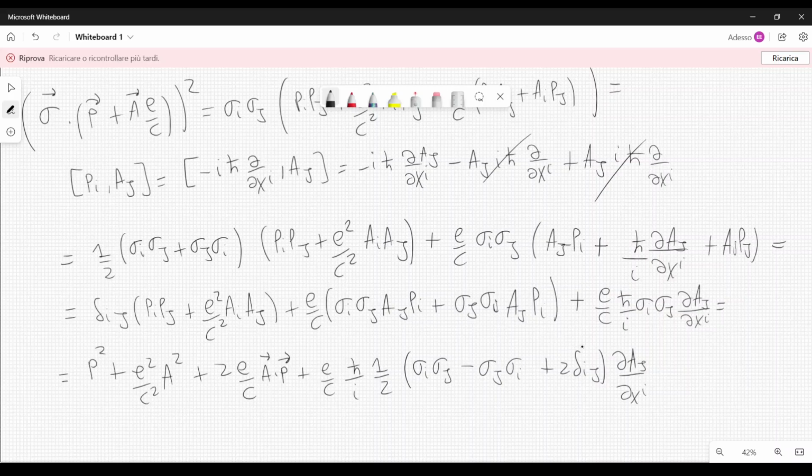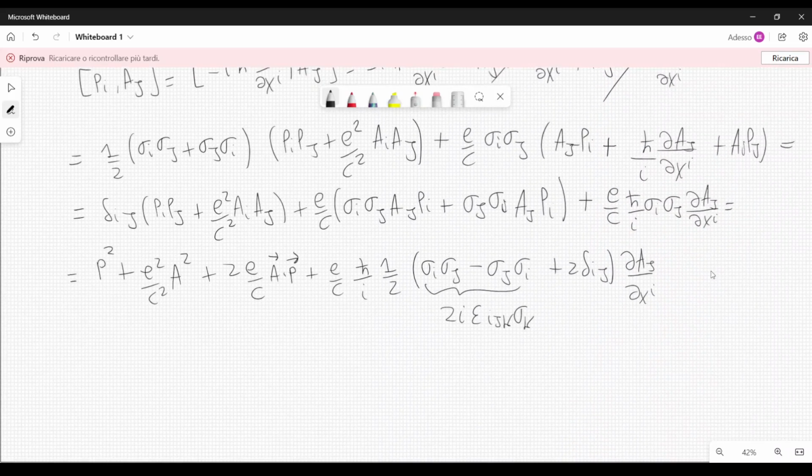I can do that because twice delta ij is simply equal to sigma i sigma j plus sigma j sigma i. So this term will cancel this one, and therefore sigma i sigma j plus sigma i sigma j is twice sigma i sigma j, which will cancel this factor of 2 here, and therefore I will get back my previous expression. But now this is the commutator between sigma i and sigma j, and it is equal to twice i epsilon ijk sigma k.